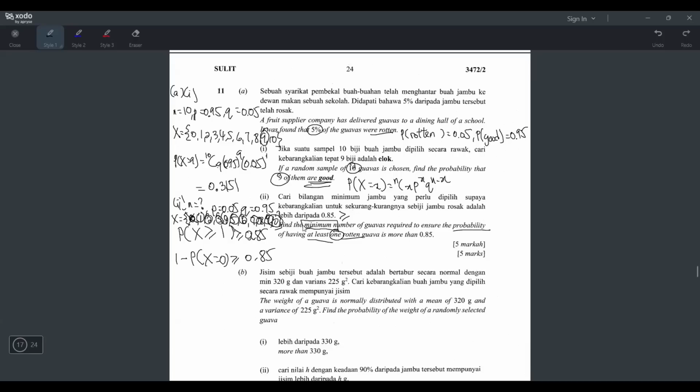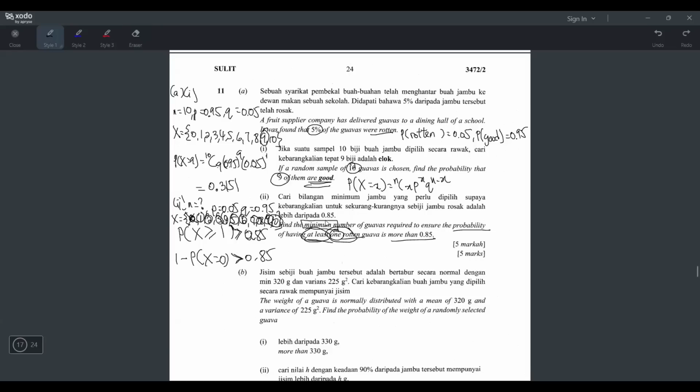At least one. Okay, I think this one it shouldn't be like this. It should be, dia tak sepatutnya ada lines ini. It's just bigger saja. Yeah, I think it's just like this. Right? Yeah, I think this like this is correct. Let me explain a bit. Because they say at least one rotten. So x bigger or equals 1 lah. And then more than 0.85, so bigger 0.85, right?